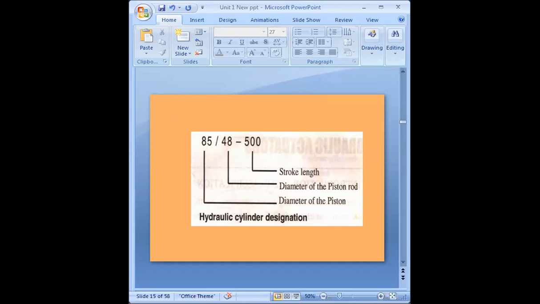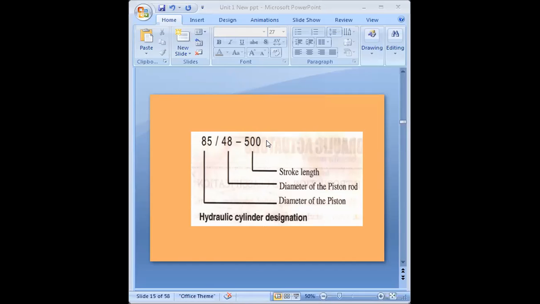In industry, all the cylinders are designated by this standard. I have mentioned it in the slide. You can see 85 by 48 dash 500. This is the designation of the hydraulic cylinder.